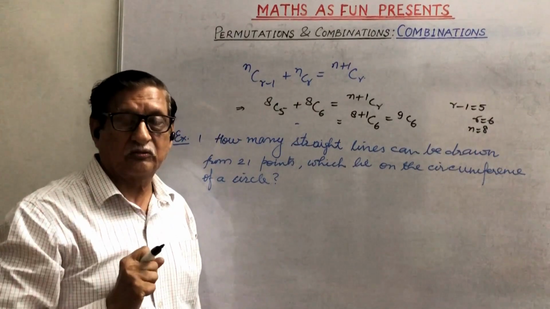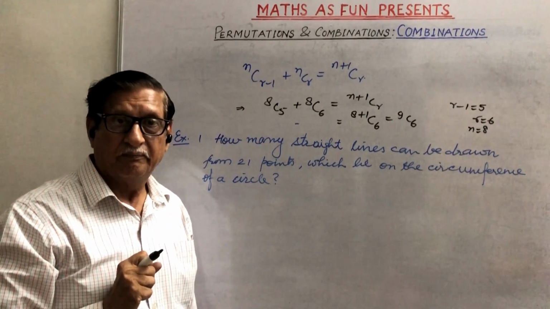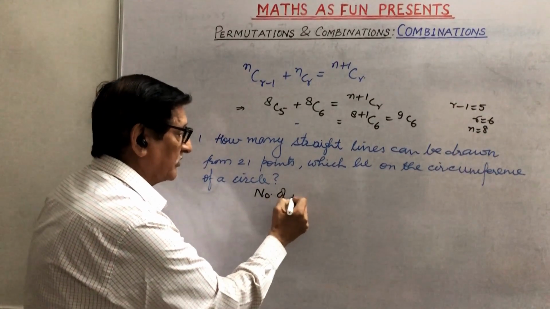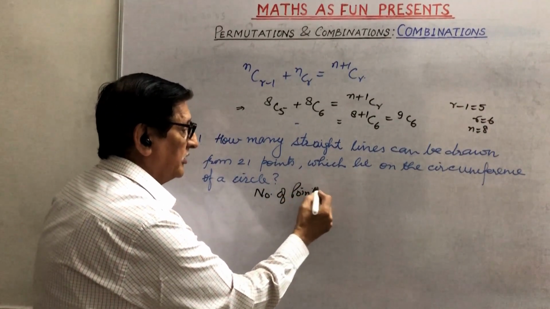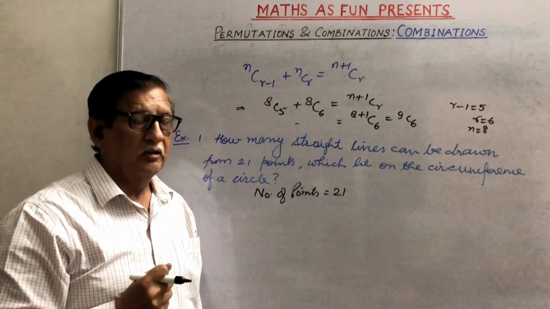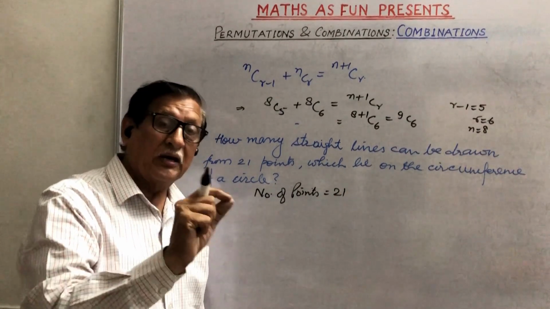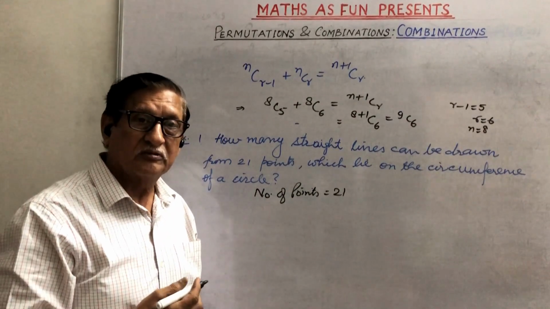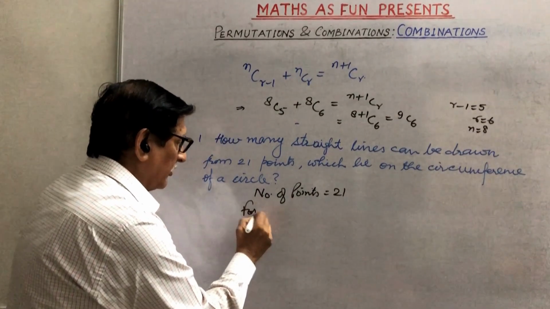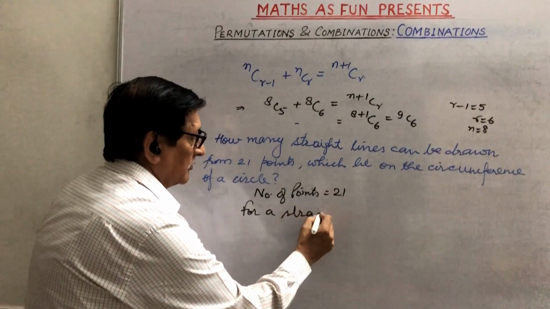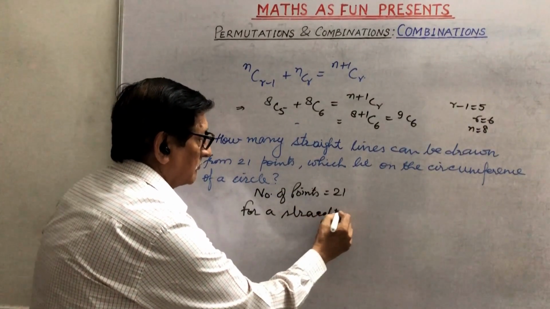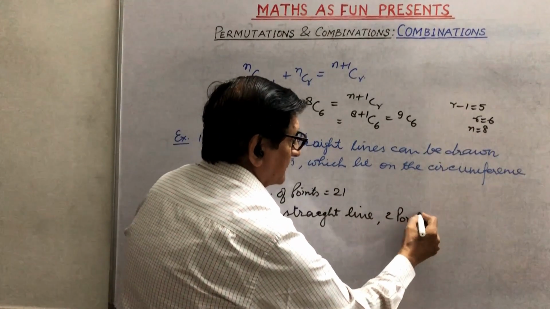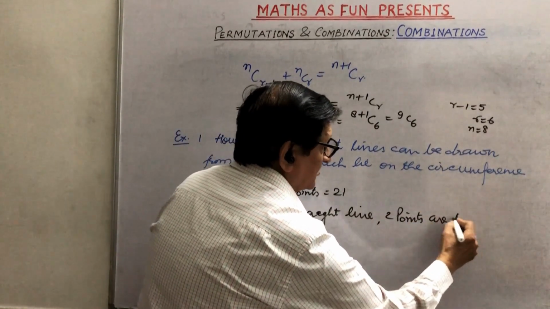No 3 points are collinear, we can say. And it means total number of points when we talk about is 21. We know that to draw a line we need 2 points. If we join any 2 points, then a straight line is formed. So we can write, for a straight line, 2 points are to be joined.